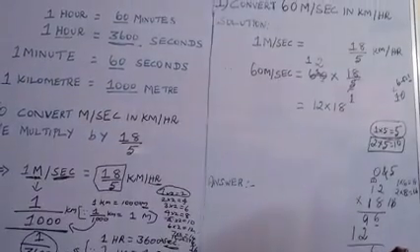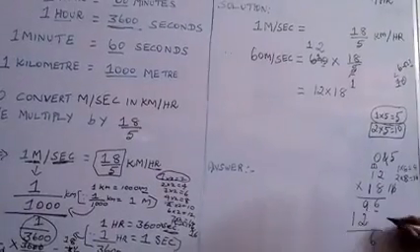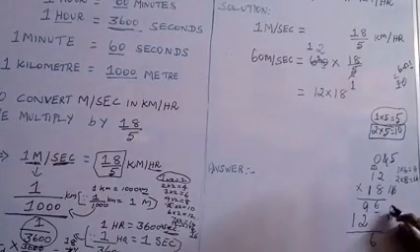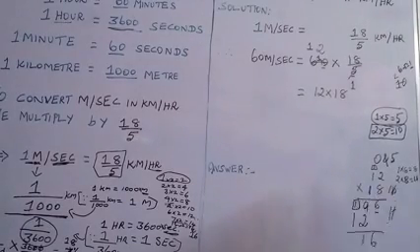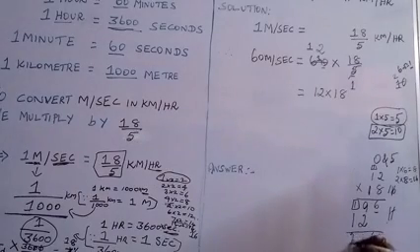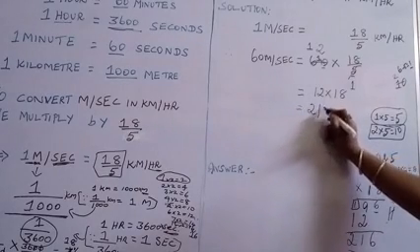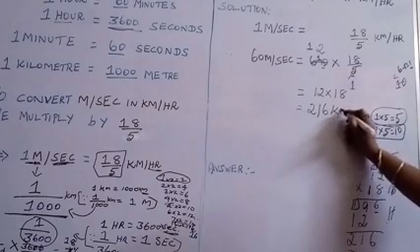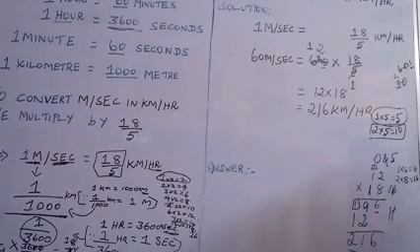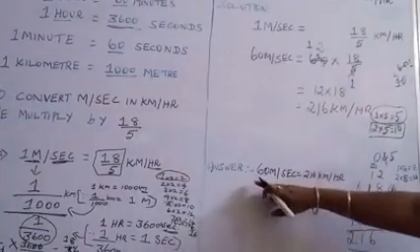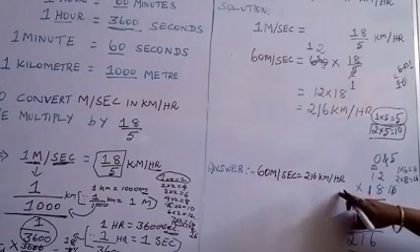So what comes here? 6. 9 in the mind, after 9, 10, 11. I cut the 1 and write under the 10's place, carry the remaining 1 into the 100th place. Then 1 plus 1, 2. So children, how much do you get? 216 kilometer per hour. So our answer: 60 meter per second is equal to 216 kilometer per hour.